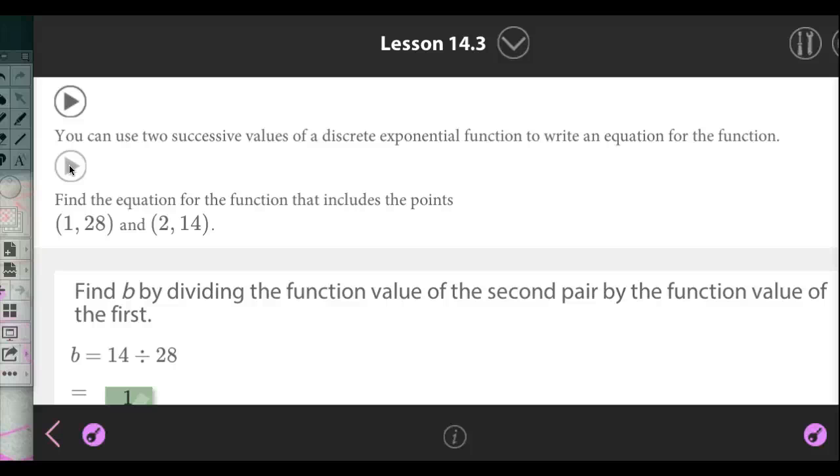Okay, so anyhow, let's go ahead and try to solve that problem. And you know what I'm going to do? I'm going to start this in a new page. Okay, there you go. And so basically we have to come up with an equation for a function that includes 1, 28 and 2, 14.